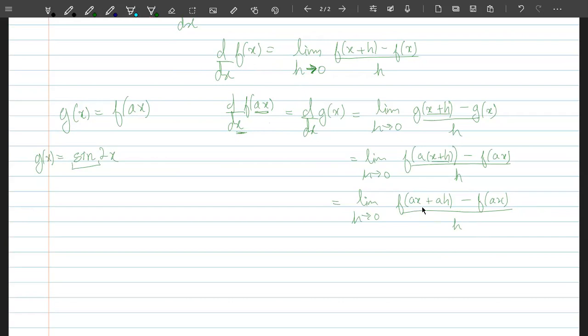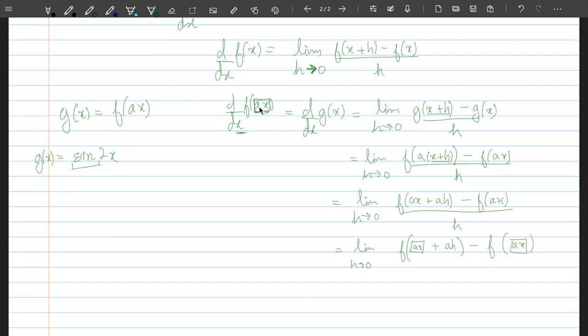So I can write this as, I will just denote this ax in this way to emphasize that we are considering it as one variable. So we are not thinking of it as a multiplied by x, but rather as one thing, that is ax. And that does match what we have on the LHS, which is also f of ax.